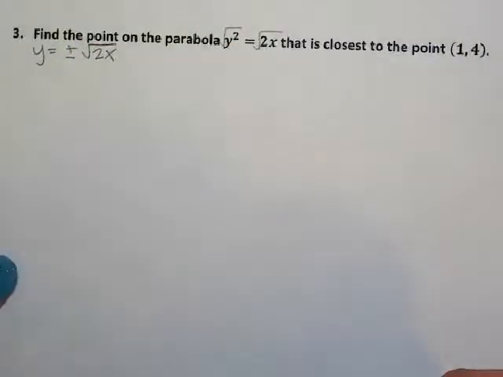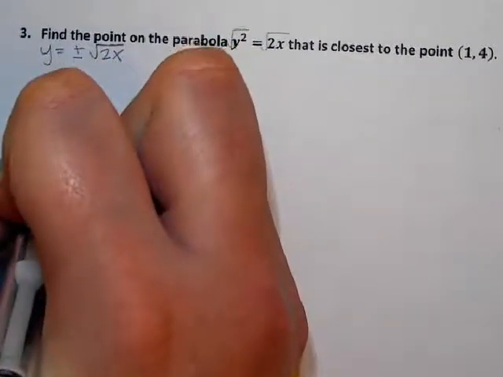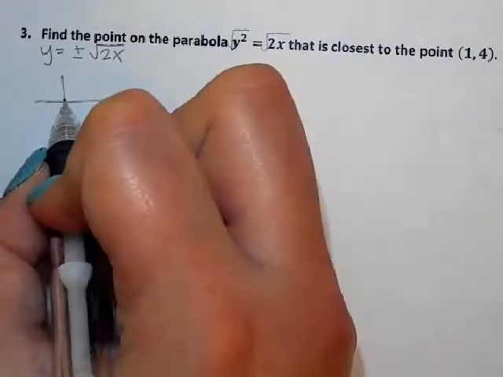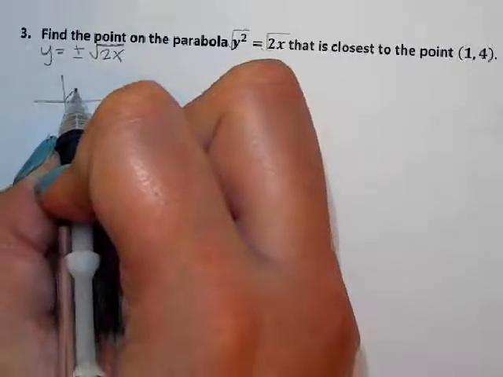A square root graph looks like this. So this is the top half, a square root graph, and the bottom half, a square root graph.